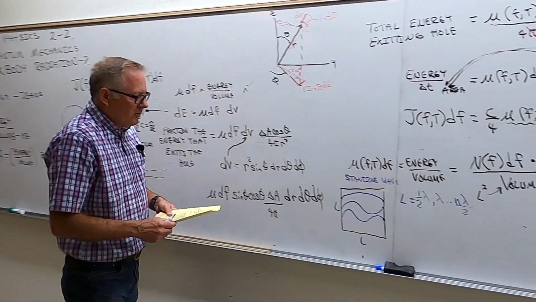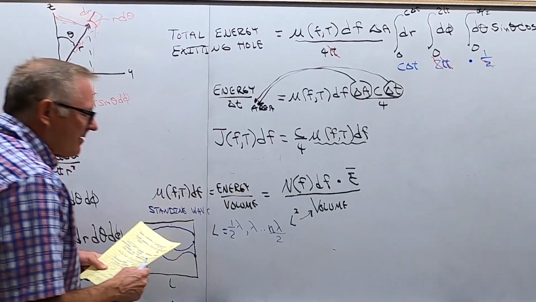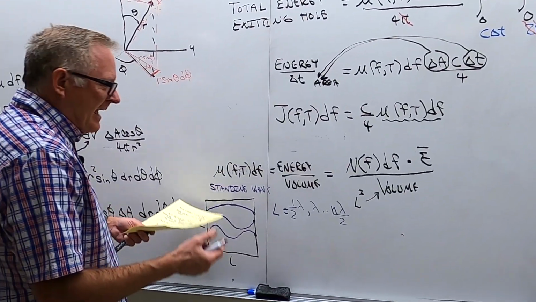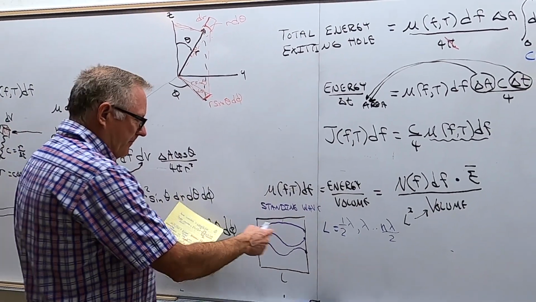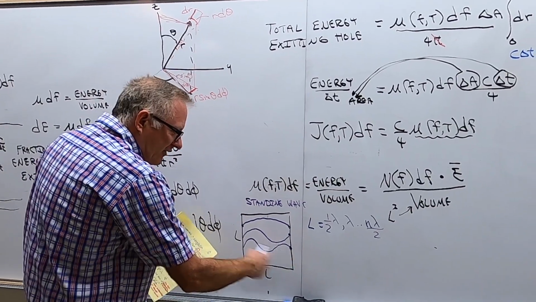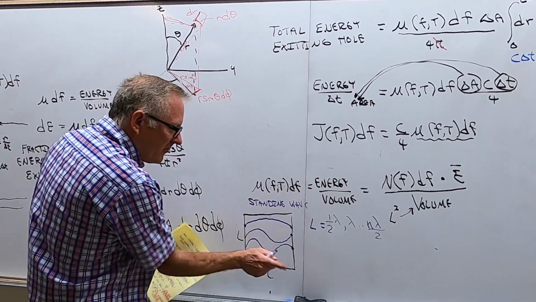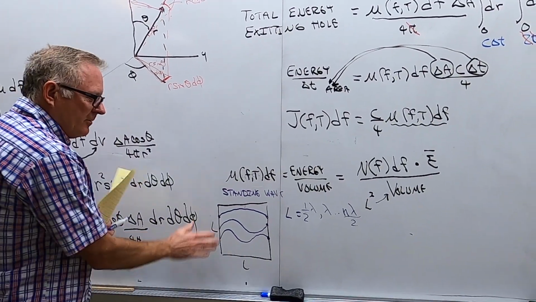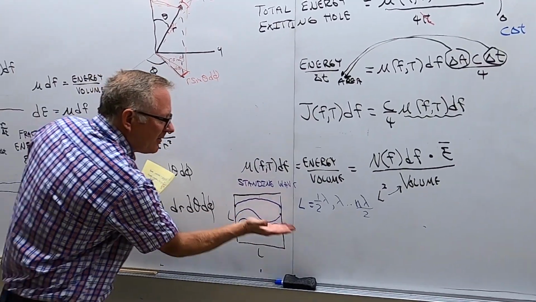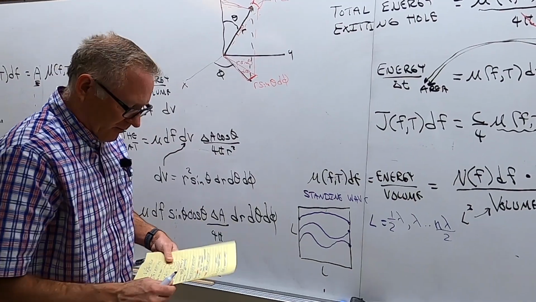Normally I used to derive this and add them all up, but I'm just going to give you the result. When you add up all of them, not only do you have to add them up this way, but you have to add them up this way, and you have to look at the polarization, because you could be like that and you could be like this, so you'd have to double it for the polarization.